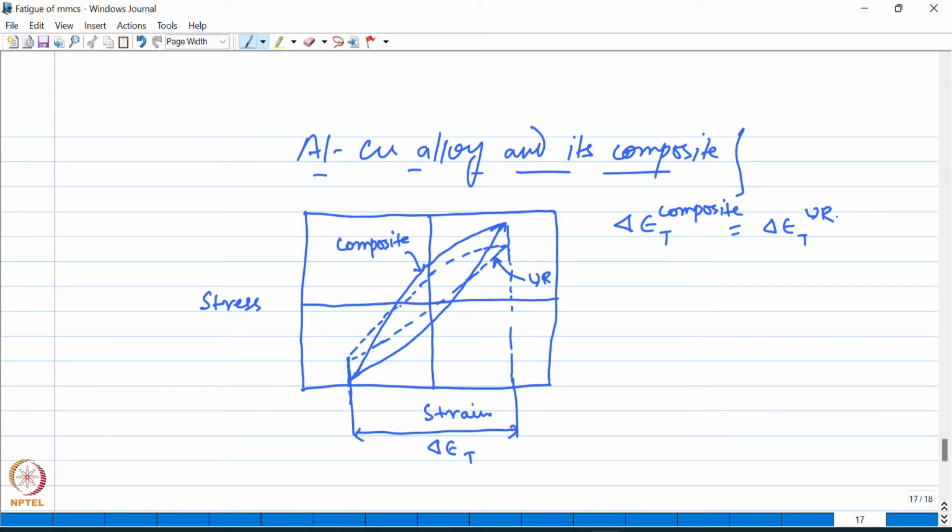unreinforced matrix. But let us see where the plastic strain is more, whether it is in the composite or in the unreinforced matrix material. So here is the plastic strain for these two materials.